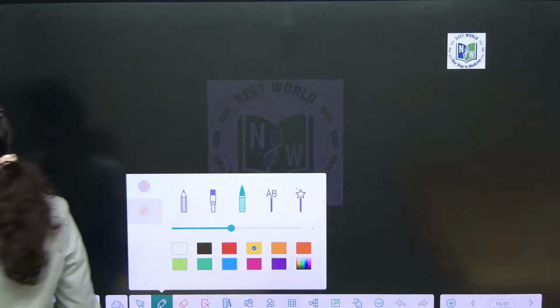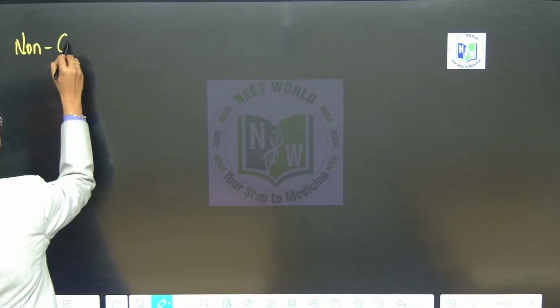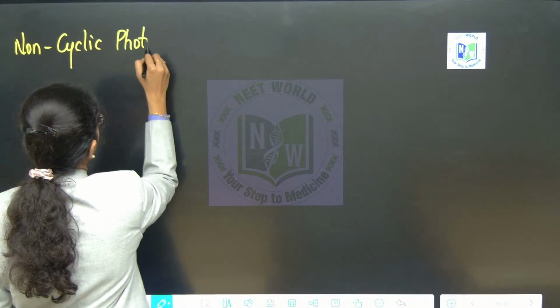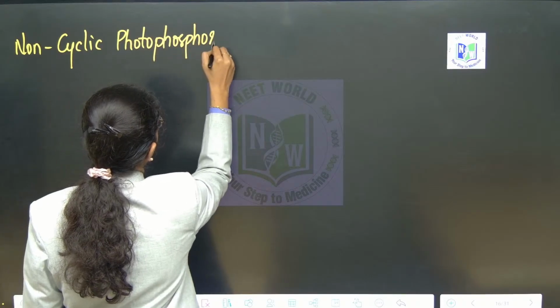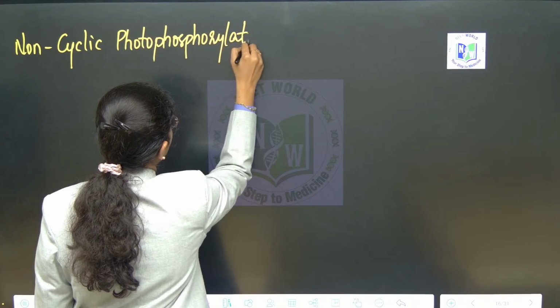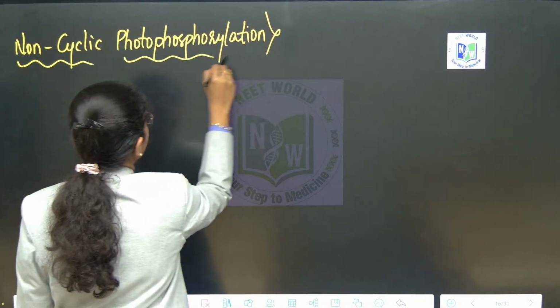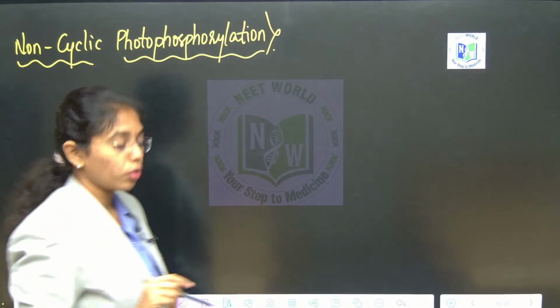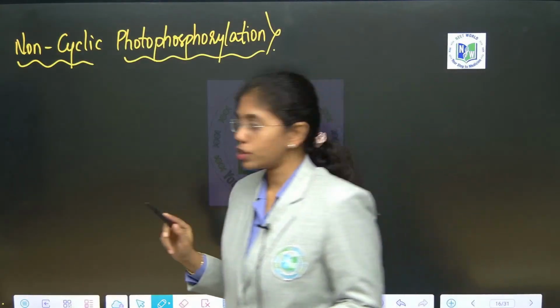So first it is non-cyclic photophosphorylation. Here we go. The first step is absorption of light in the form of photons, which is clear to us. Second is photolysis of water.